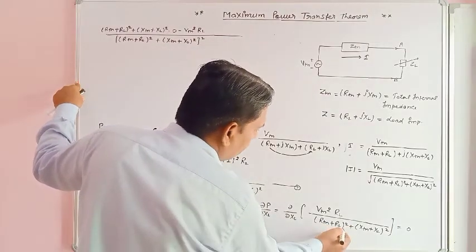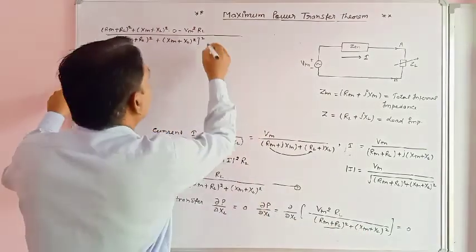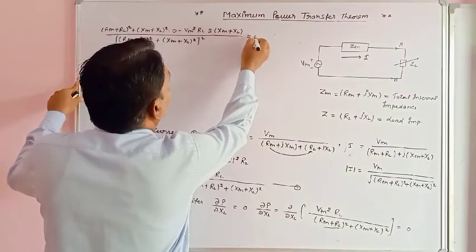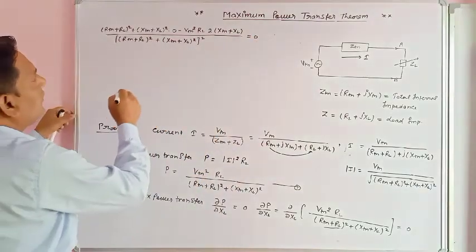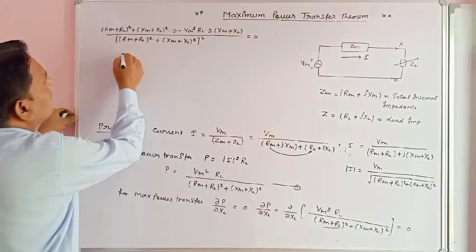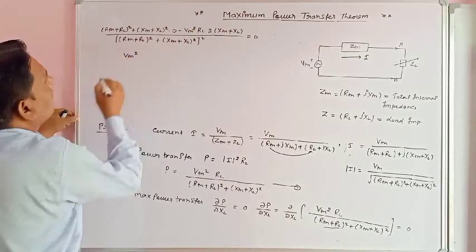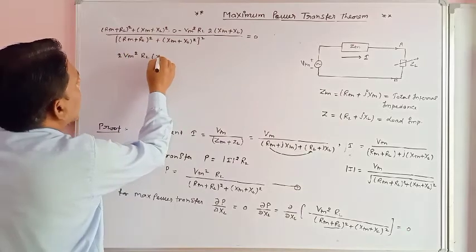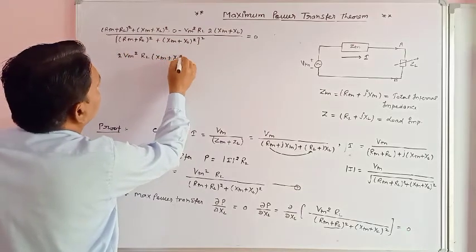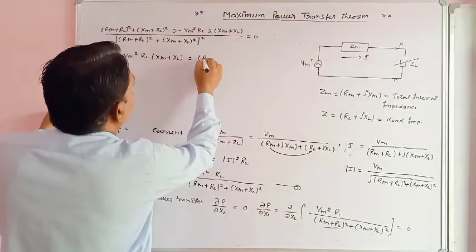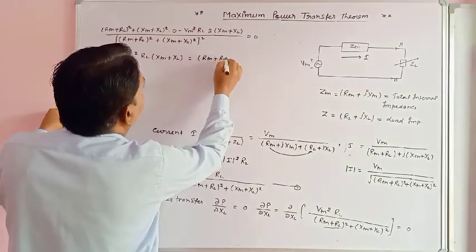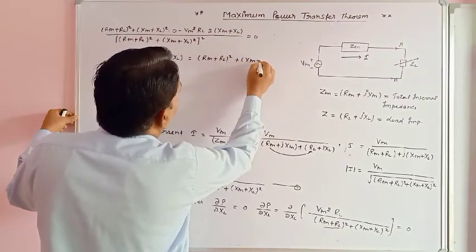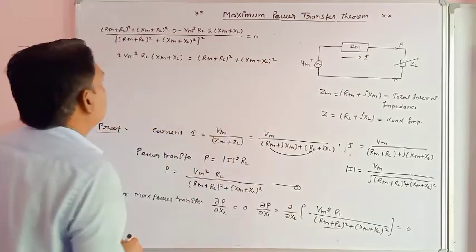With respect to XL it will be 2 times XTH plus XL, equal to 0. So from here we get VTH square RL into 2 XTH plus XL equal to 0. This is the condition.